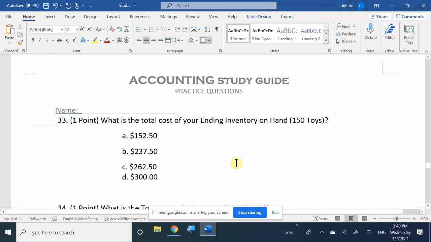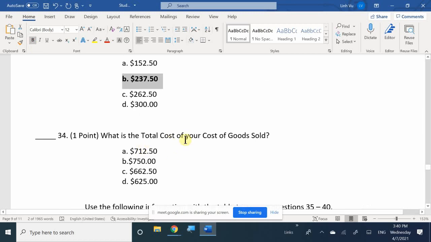Okay, so what is the total cost of your ending balance? B. 237.50. All right, what is the total cost of your ending inventory? What is your total cost of your cost of goods sold? A. Yes. All right.